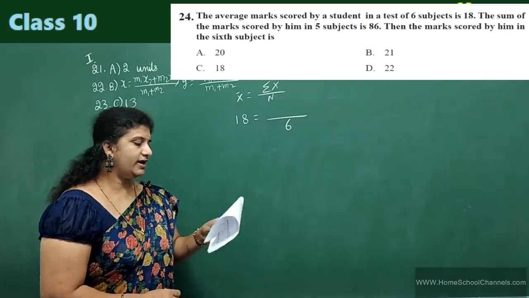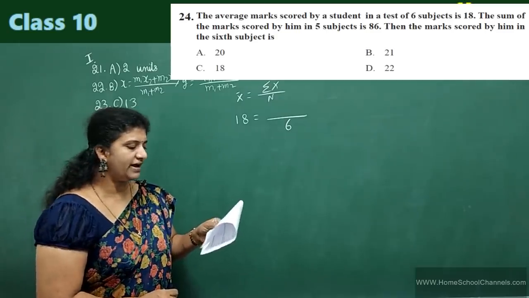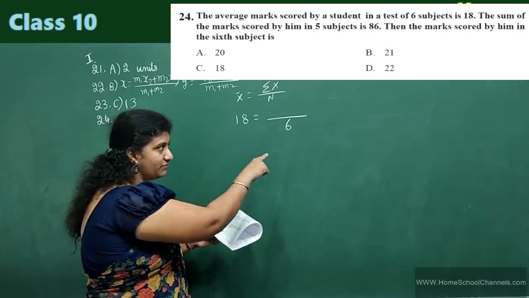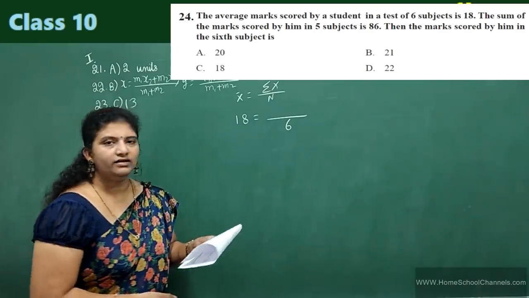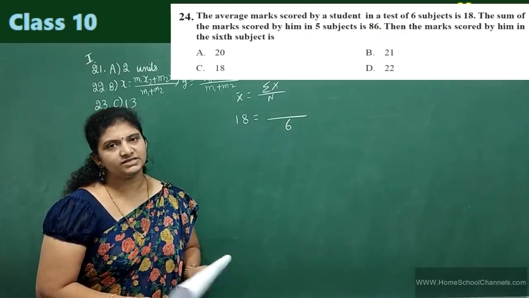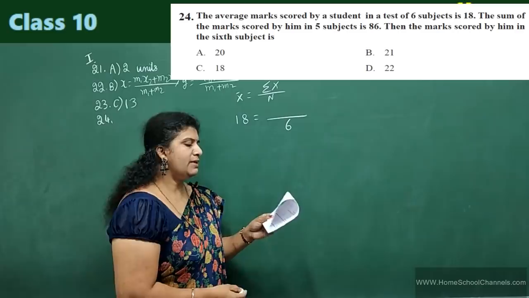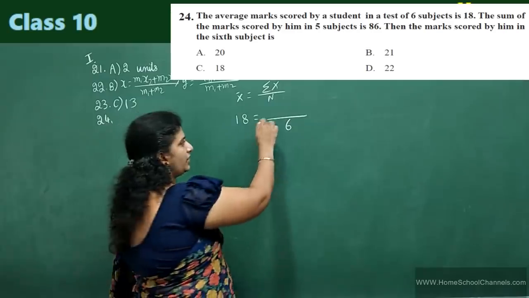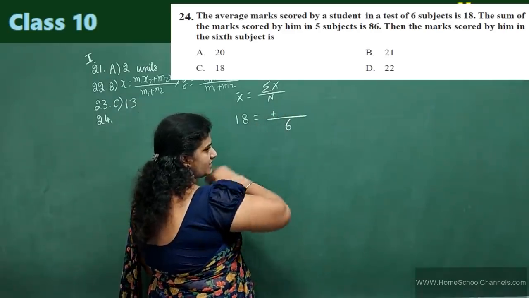Let's read the question again. The average marks scored by a student in a test of 6 subjects is 18. The sum of the marks scored by him in 5 subjects is 86. Then the marks scored by him in the 6th subject is, look here, we need to sum all the 6 subjects.